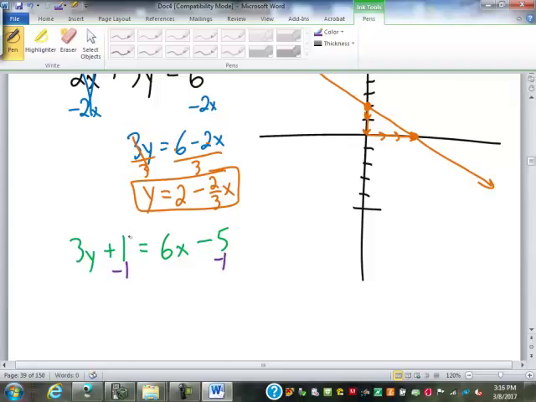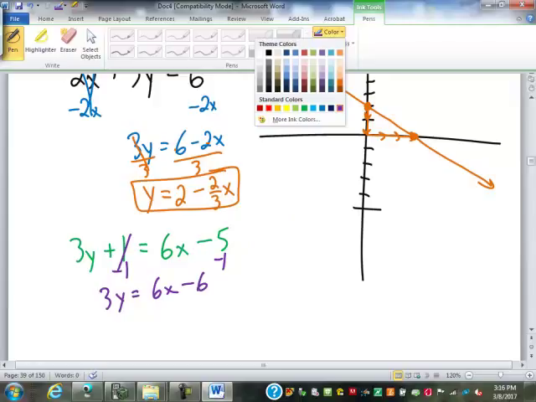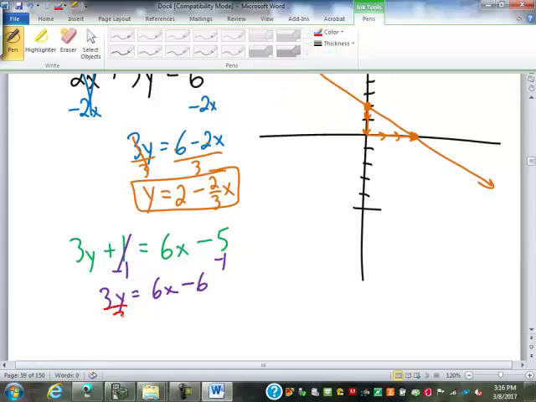Subtract 1. So 3y equals, the 6x doesn't change, negative 5 minus 1 is negative 6. Then what? Divide by 3. So y equals 6x divided by 3 is 2x. Negative 6 divided by 3 is a negative 2.